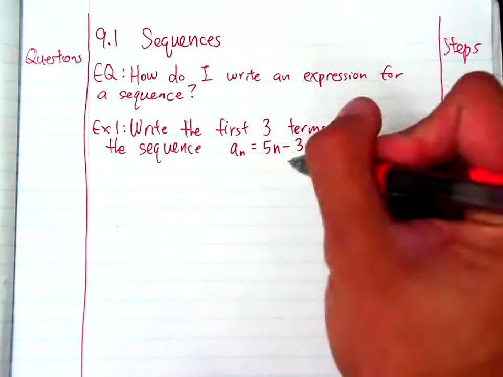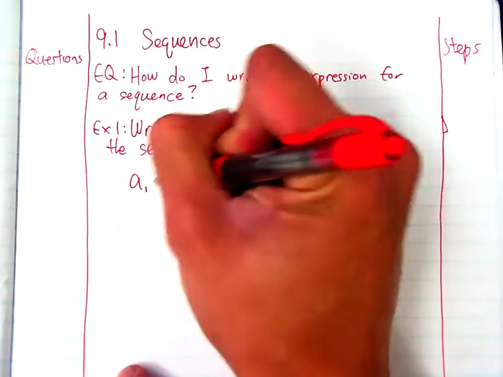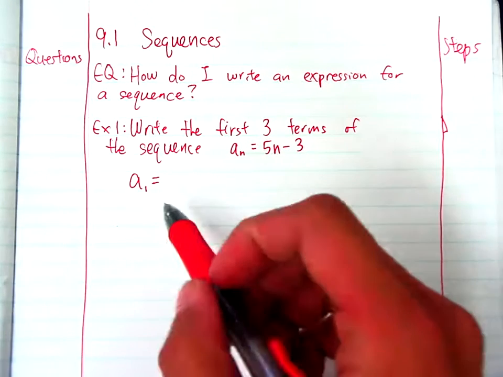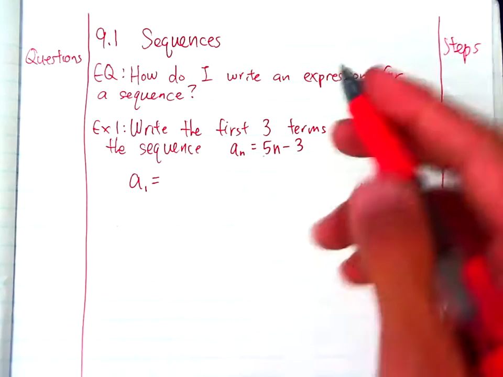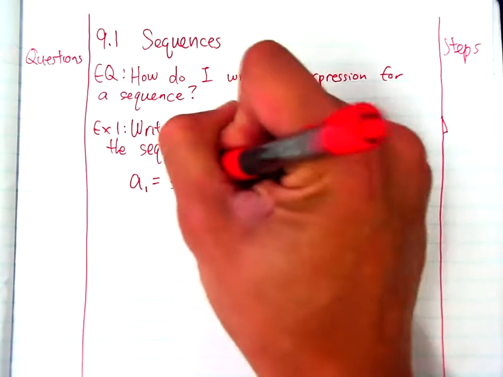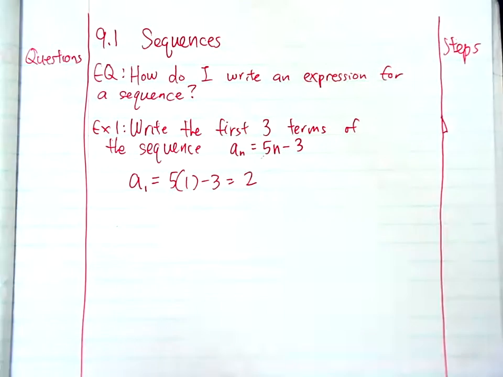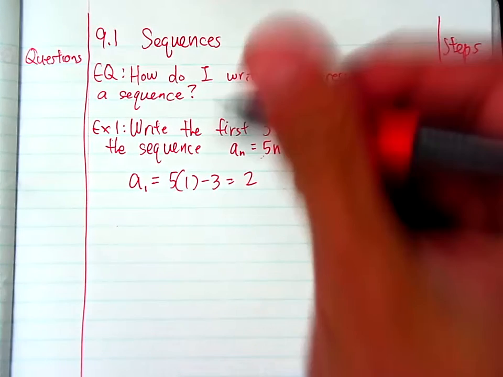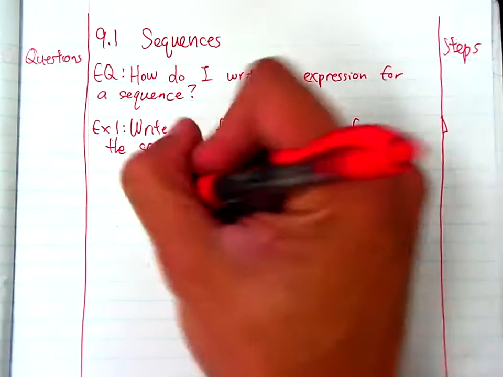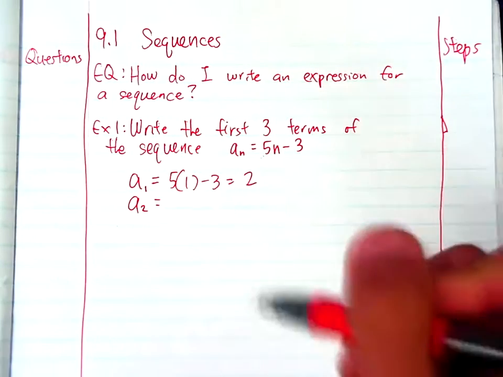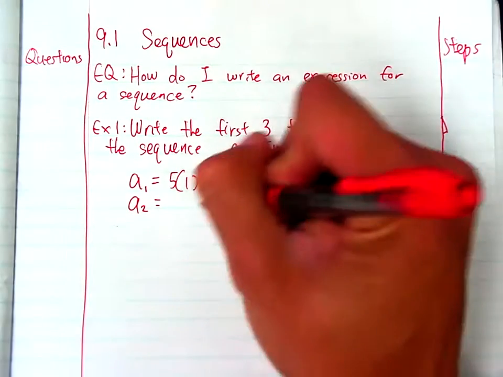Well, the first term is a sub 1. The 1 means it's our first term, okay? So I'm literally just going to plug in 1 for n. So it'll be 5 times 1 minus 3, which is 2. So my first term is 2. And then I have to write 2 more terms because I wrote 1 term so far. So the next term is a sub 2, which is the second term. I'm going to plug it in again.